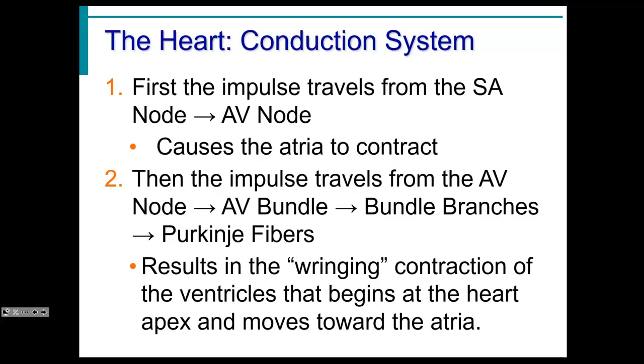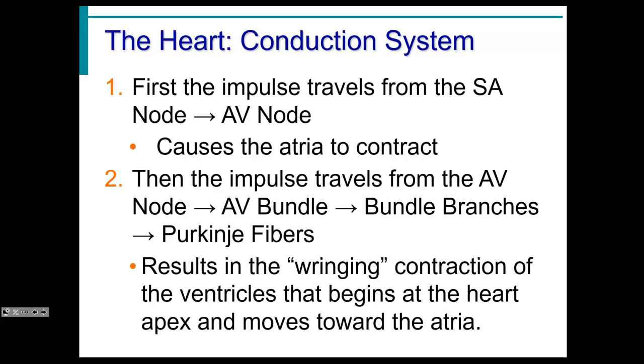The atria drop blood down to the ventricles at the same time. So when the SA node and the AV node communicate with each other, that's what's happening. Then the impulse travels from the AV node to the AV bundle and the bundle branches, which causes a ringing contraction of the ventricles, the figure 8 shape of the cardiac muscles I talked to you about the other day, how they wrap around the heart.